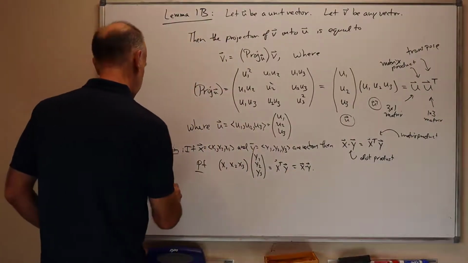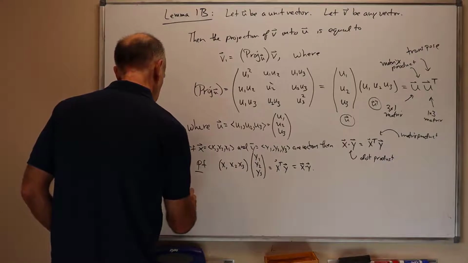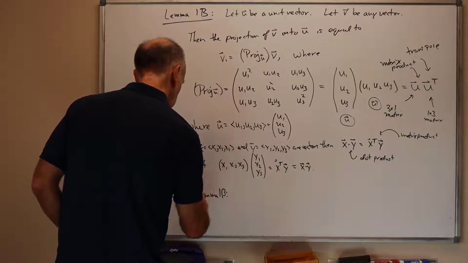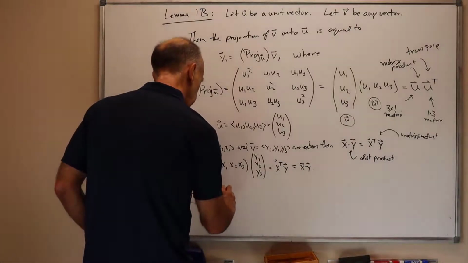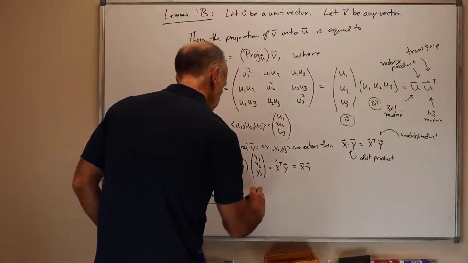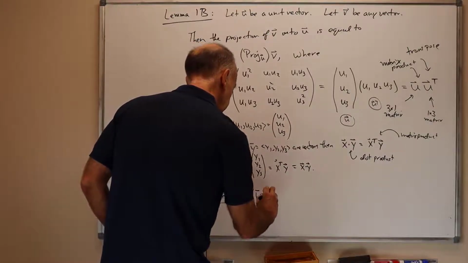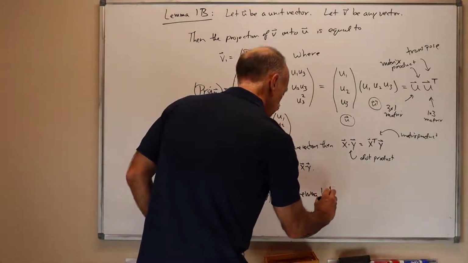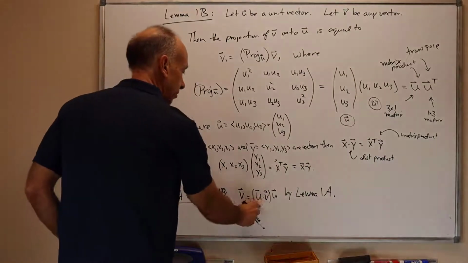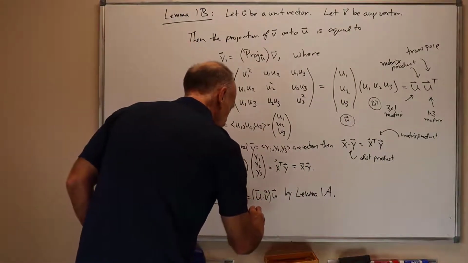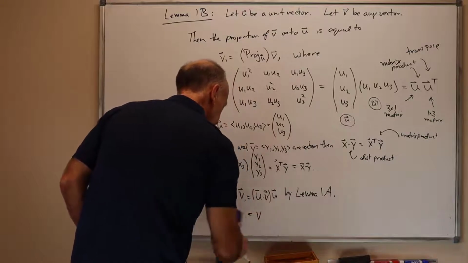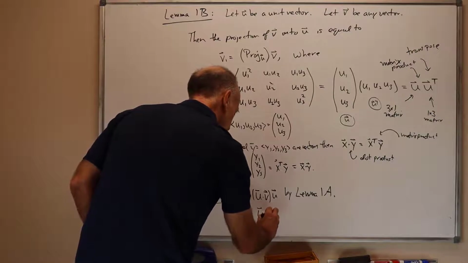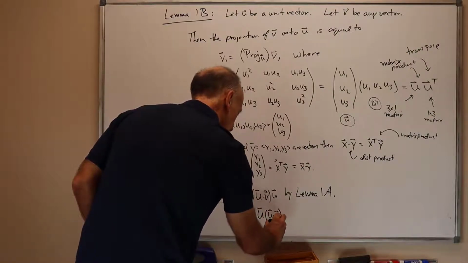So now we're ready to prove lemma 1b. We know that v1 is u dot v times u by lemma 1a. This is a scalar times a vector, and we can reverse the order, so that's the same as u times u dot v.